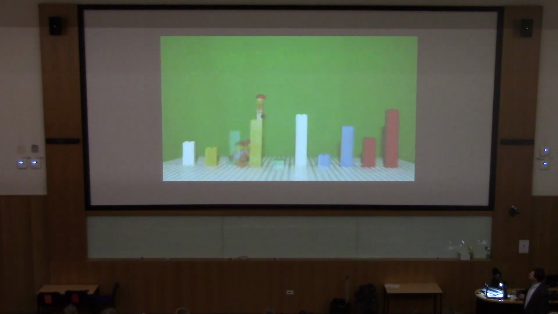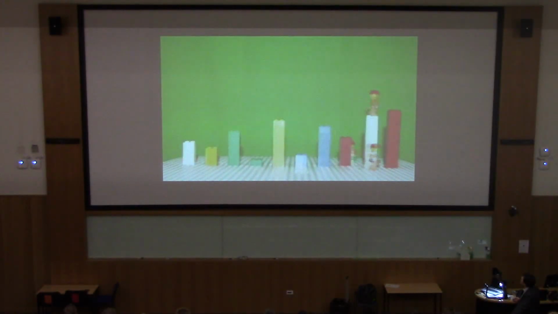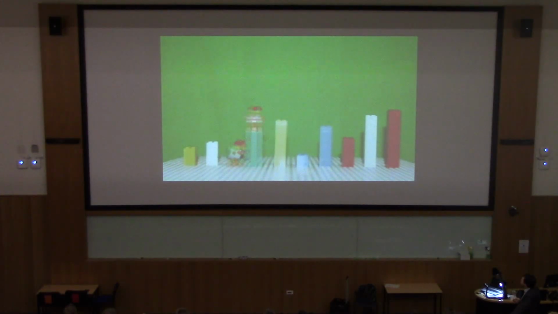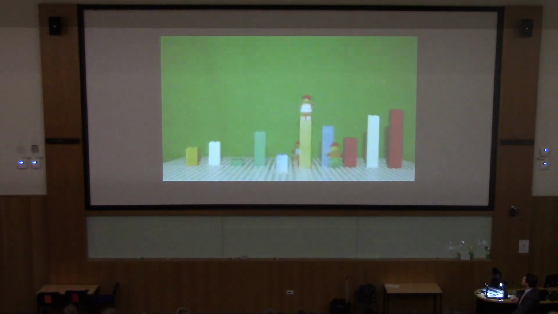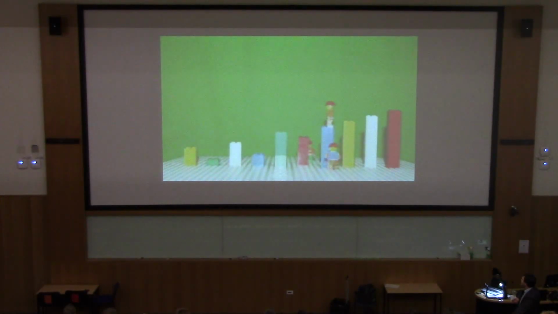So this is called a bubble sort. Can you see they're getting more ordered? A lot more ordered now.